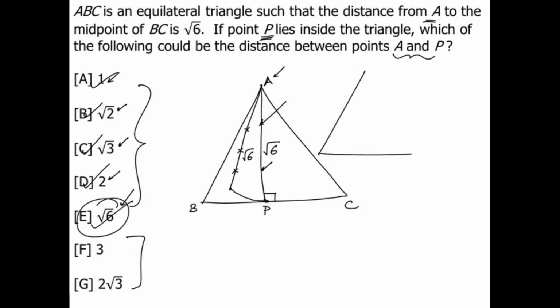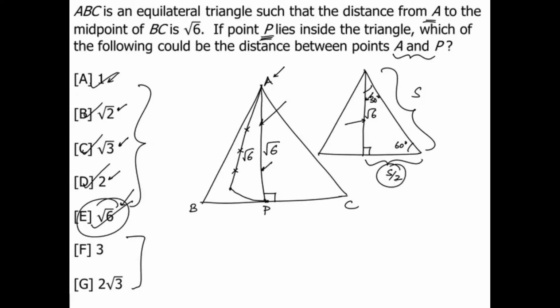I'm going to draw a new triangle here, and this goes back to the ratios that you need to know for an equilateral triangle. So we know this is square root of 6. If the side is S, then this is S over 2, because that altitude divides the equilateral triangle into 2 equal parts. And using the 30, 60, 90 ratios, we know that the altitude would be root 3 times that. So S over 2 times root 3.